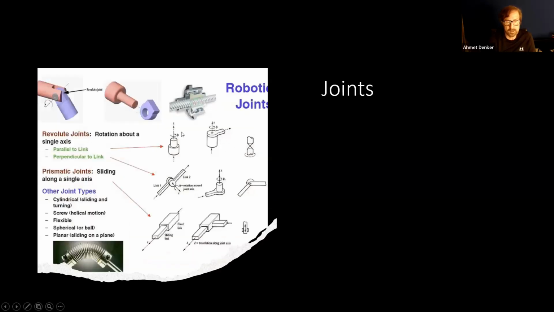And you can see some examples here. Prismatic joints, flexible joints like you see here, revolute joints, different types of revolute joints.